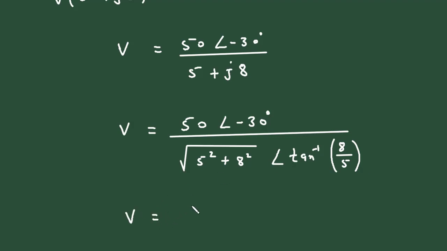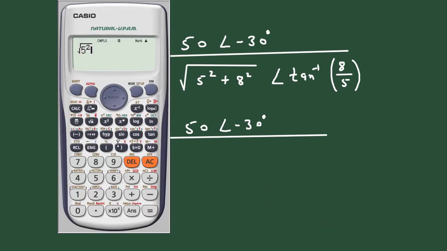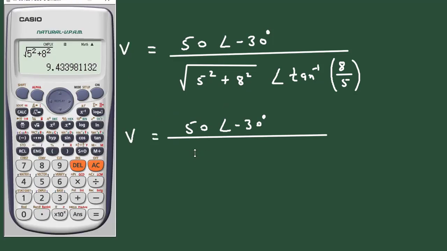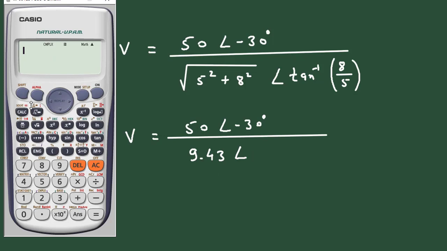So therefore v is equal to 50 at an angle minus 30 degree divided by under root of 5 square plus 8 square, and it is 9.43. So it is 9.43 at an angle tan inverse of 8 by 5. So it is 57.994, that means it is 58.